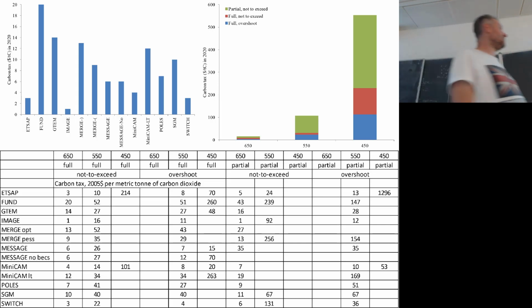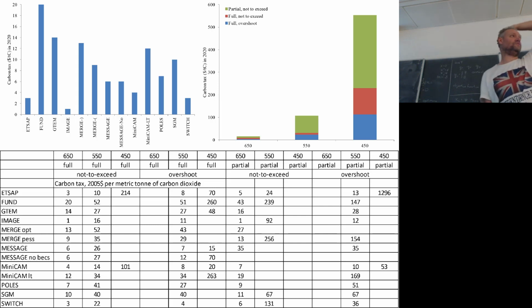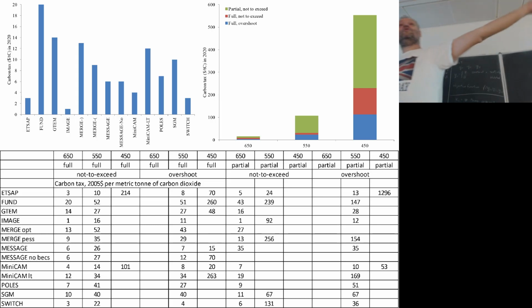But there's other things going on. In blue, you're looking at the carbon tax that you would need to impose, or the marginal cost, if you have a target in the very long run, and you don't really care how you get there. And then actually what you would do is you would overshoot your target and approach it from above.